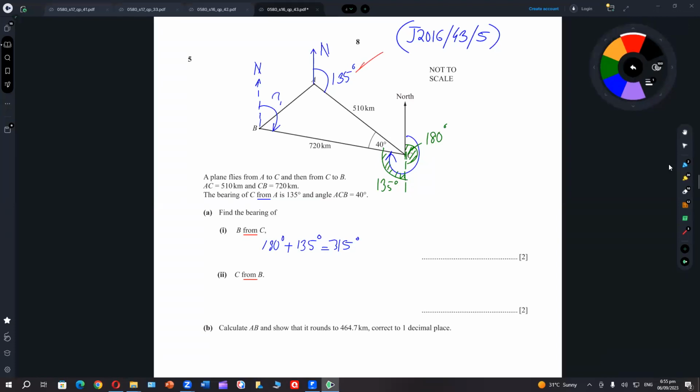Look at this red arrow, and look at this red arrow. The answer is in front of you. So what is the answer? It's 135. Very good. It's 135.